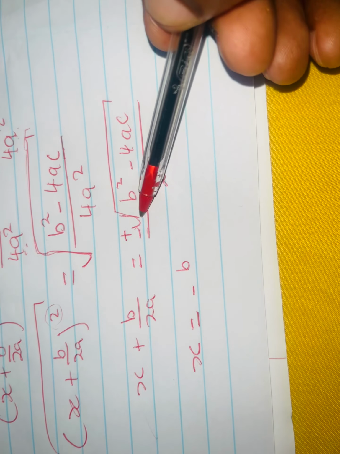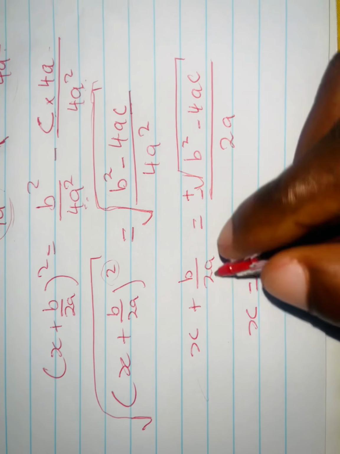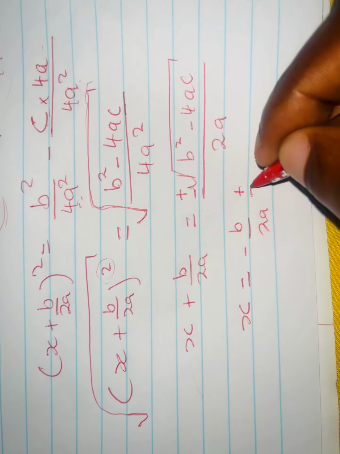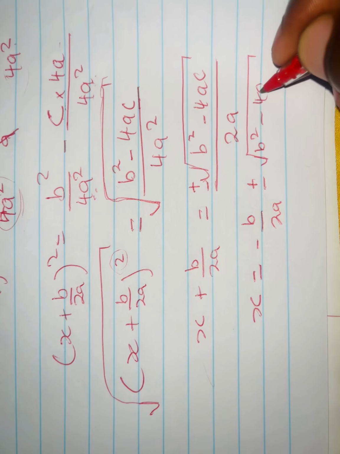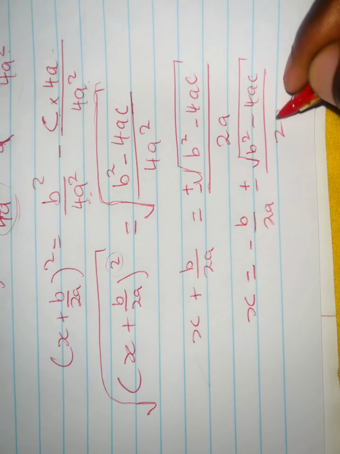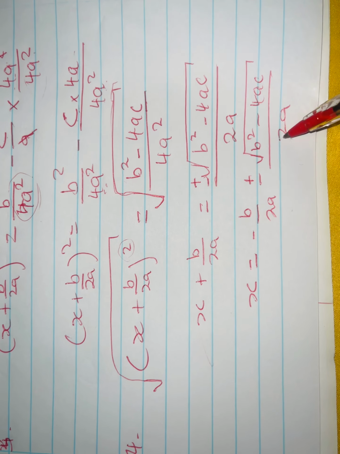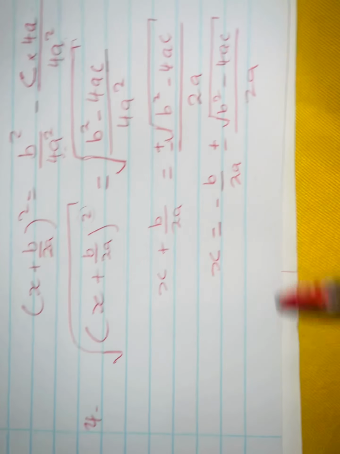Hence we have a plus or minus whatever this is. So now we're going to have minus b over 2a plus or minus root b squared minus 4ac all over 2a. Remember that when the denominators are the same, you keep one and then you add or subtract whatever is left.